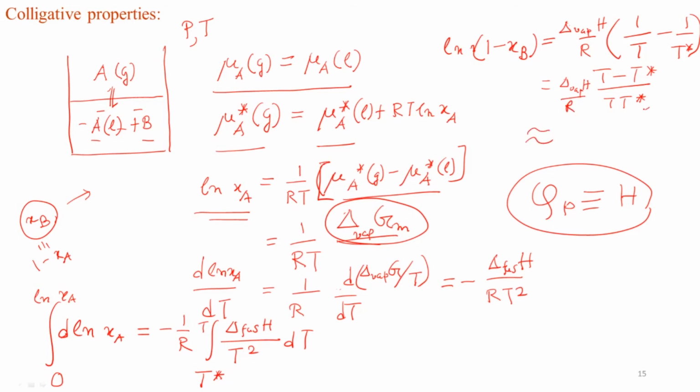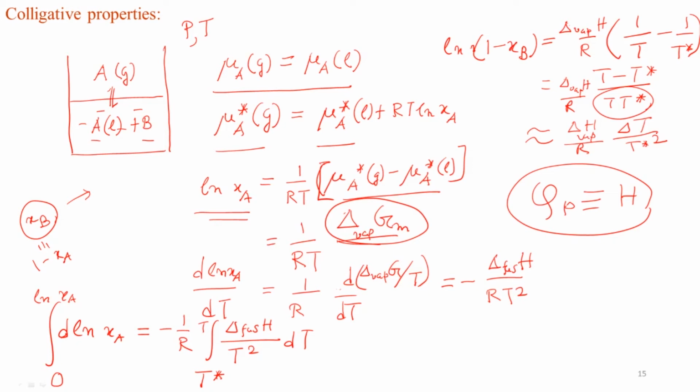And that we can further approximate, this T into T star, as T star squared. So we can write it as delta vaporization H divided by R into delta T, which is the elevation in the boiling point, divided by T star squared.